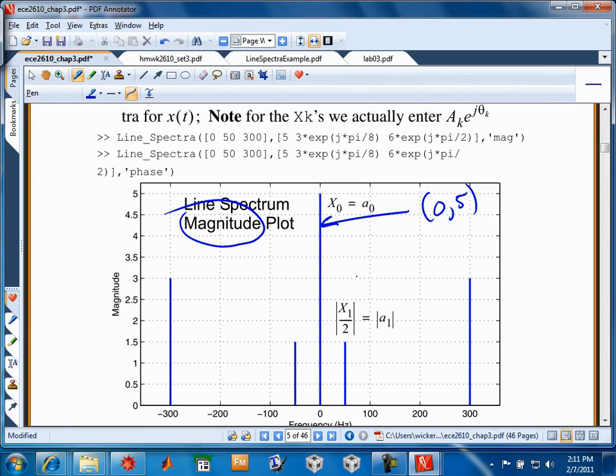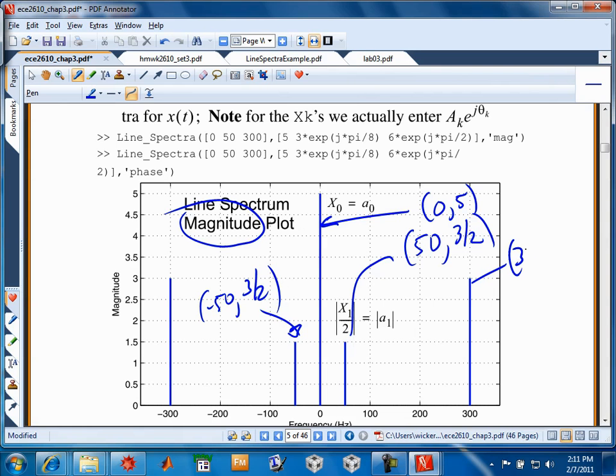And then we had this spectral line corresponds to the pair that was 50 hertz, and the amplitude was 3 halves. And then this is its matching guy, which is at minus 50, comma 3 halves. And then this is the one that's at 300, comma 6 halves, and so on.